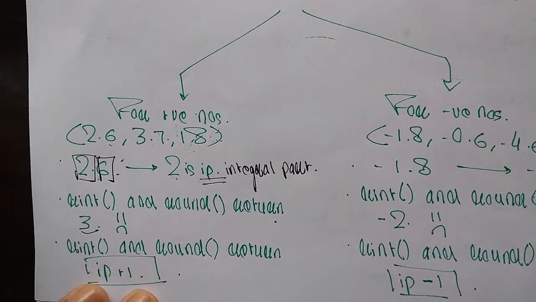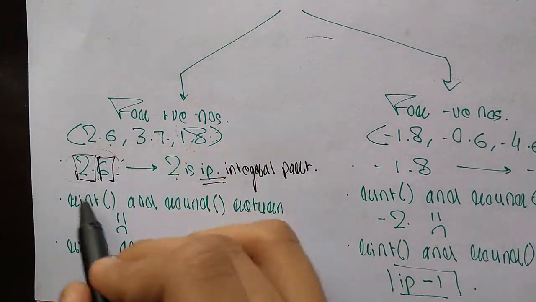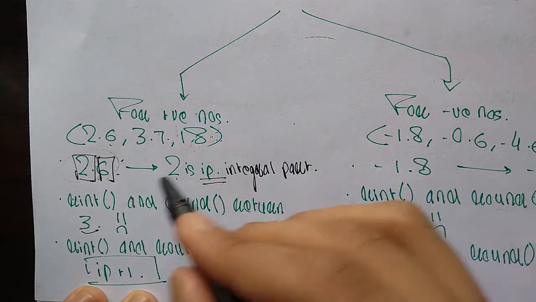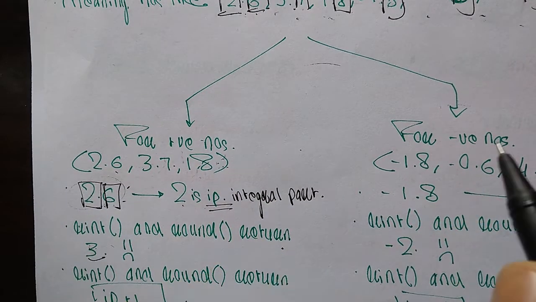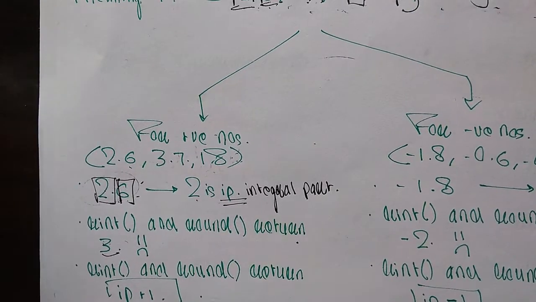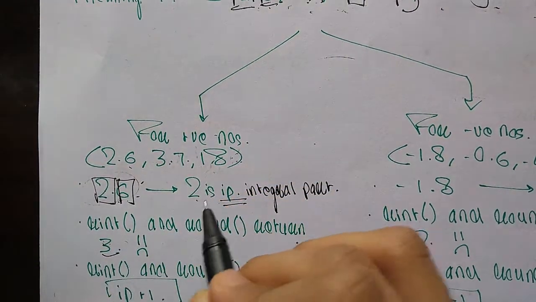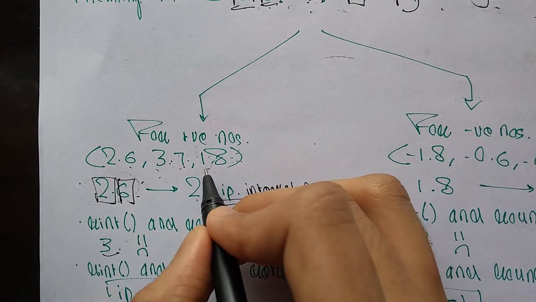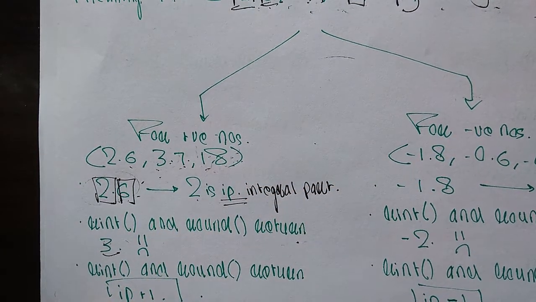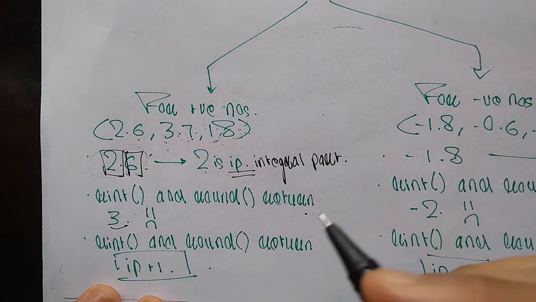When you put this value in rint and round, you will get the answer 3. I tried this with 3.7 and I'm getting 4, with 1.8 I'm getting 2. So now I apply my brains and I think, acha.